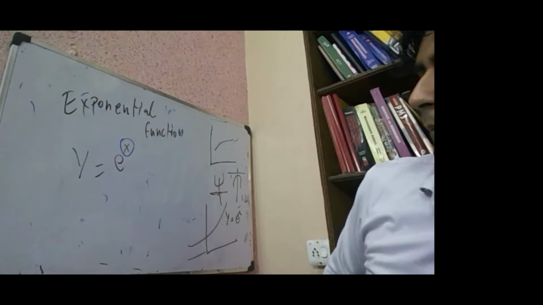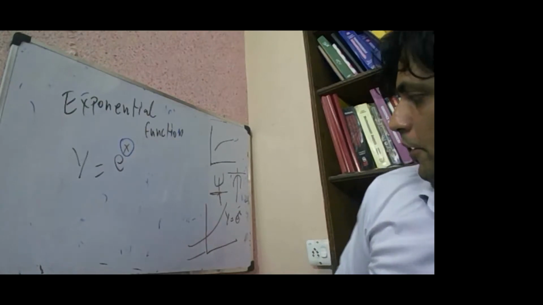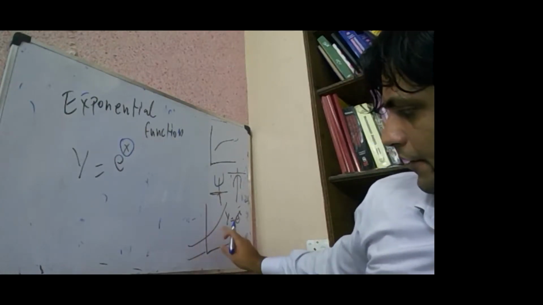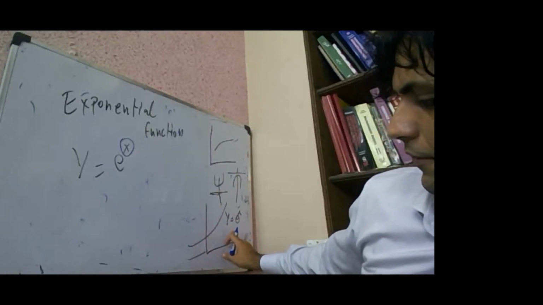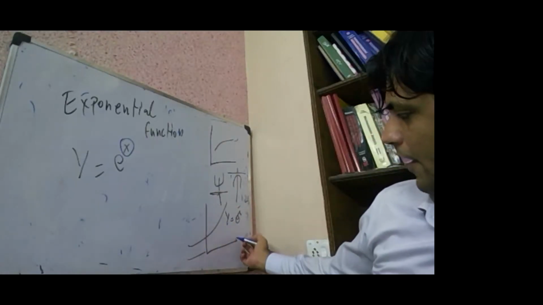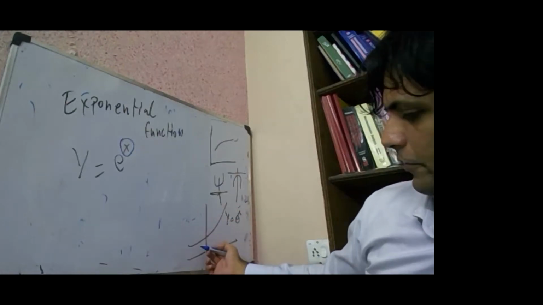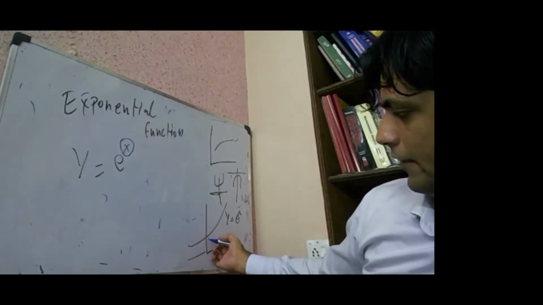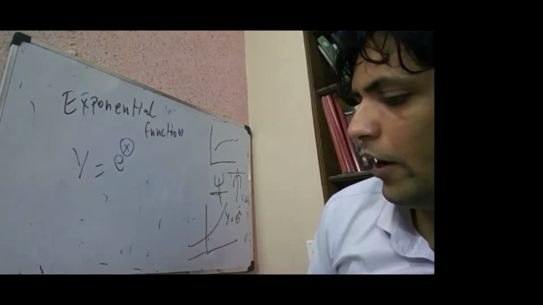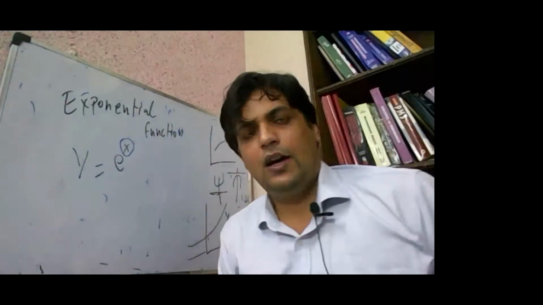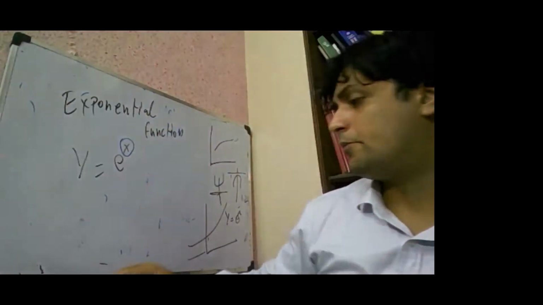At the moment, x is positive. If x is negative, y tends to 0. And if x is 0, y will be 1. That's how we define the exponential function.